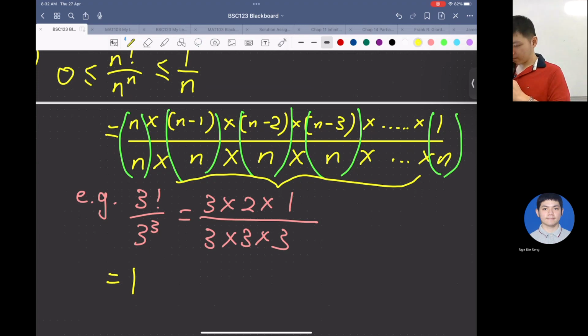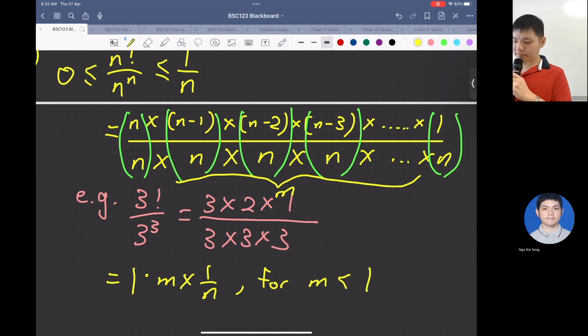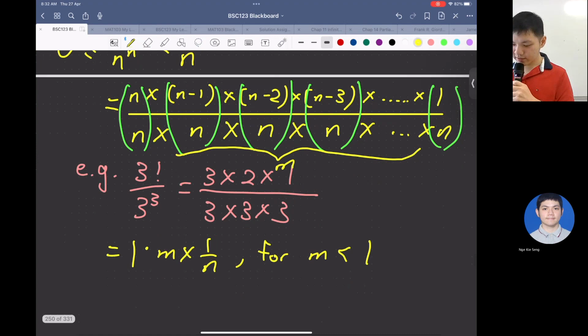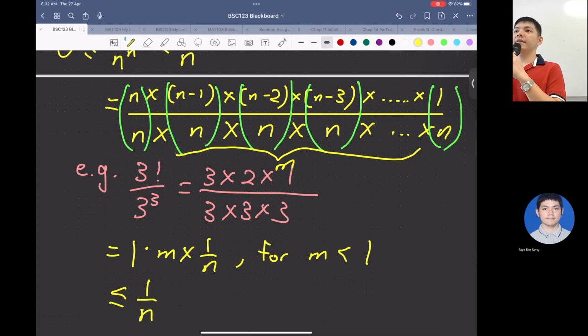So let's write it as m times 1 over n, for m less than 1. This means this thing is less than 1 over n.